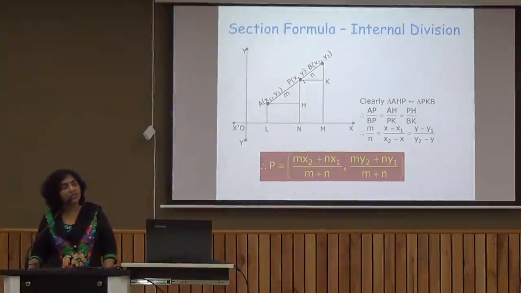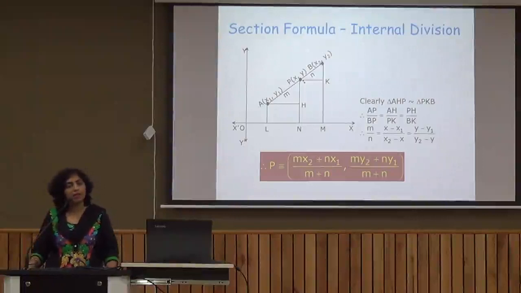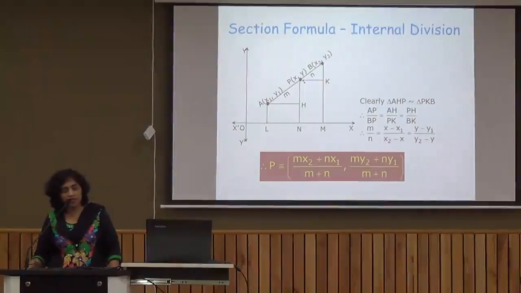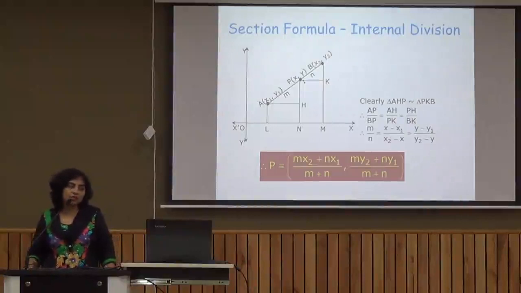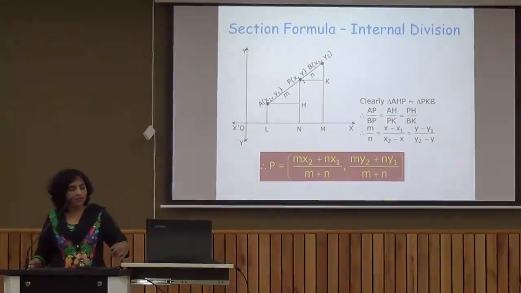AH upon PK is (x minus x1) upon (x2 minus x) is equal to (y minus y1) upon (y2 minus y). When we solve, taking the x part separately and the y part separately, we get x as (mx2 plus nx1) upon (m plus n), and y is equal to (my2 plus ny1) upon (m plus n).